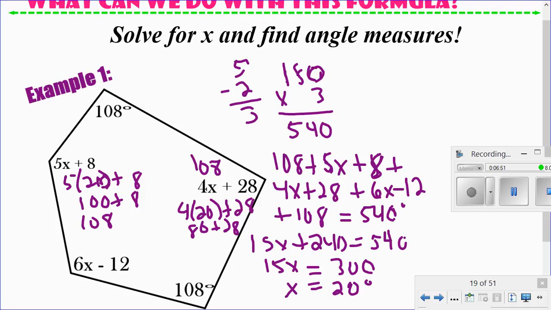Clearly the sides don't look like they're all congruent, so I don't know if it's regular or not, but look, we'll plug in 20 one more time. So 6 times 20 minus 12, that's 120 minus 12, again, that is 108. So this particular polygon, or pentagon specifically, all the angles have measure 108 degrees.